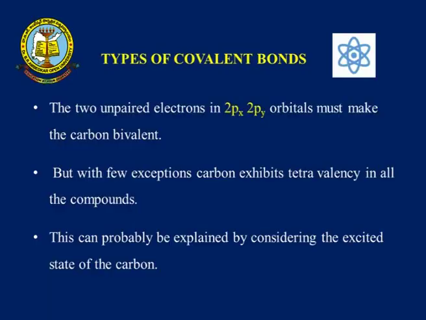In order to explain 4 bonds in carbon, we have considered the excited state of carbon. Once the carbon goes to the excited state, the electron in the 2s level jumps to the vacant 2pz level. Let us see that configuration now.